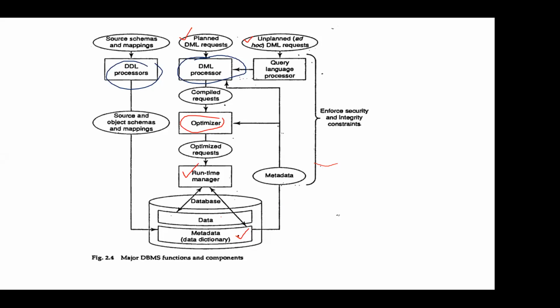So these are the important components we discussed here: DDL compiler, DML compiler, DDL processor or DML processor, planned requests and unplanned requests, optimizer, runtime manager.